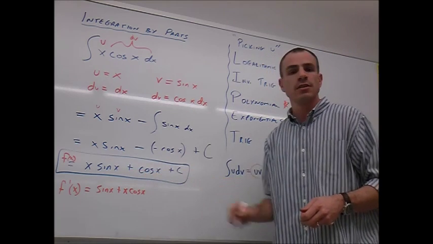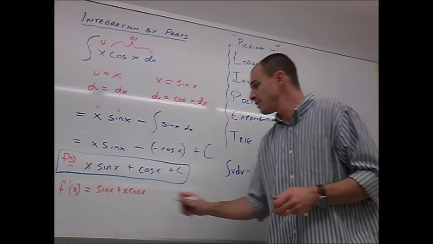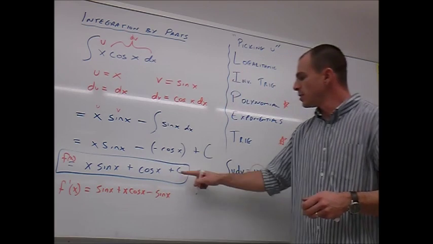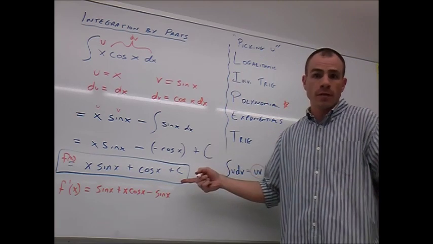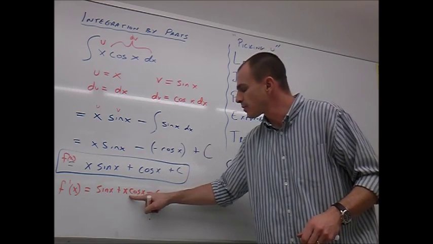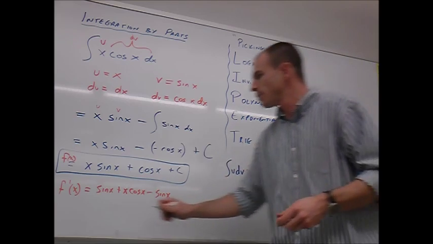Plus, now we take the derivative of cosine. What's the derivative of cosine? Negative sine, the opposite of sine. So we have minus sine x, and then we take the derivative of a number. We all know that that's 0. So this is our derivative: sine x plus x cosine x minus sine x. You can see right now how it pops out.